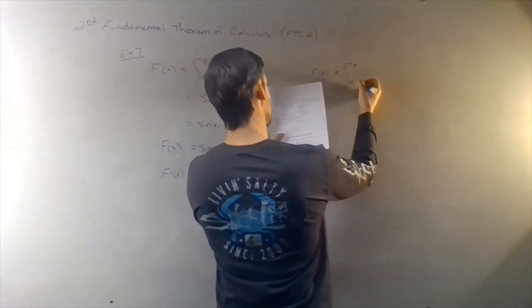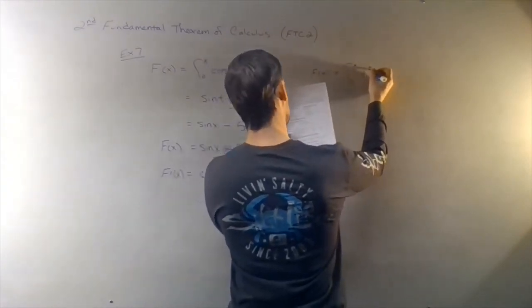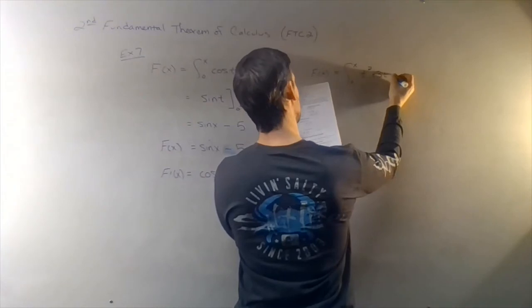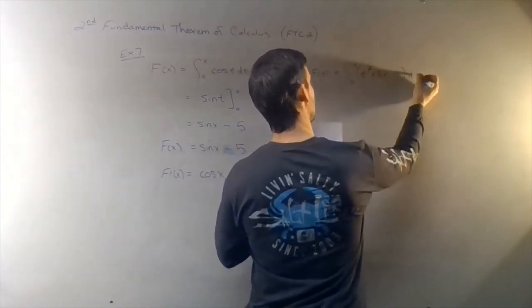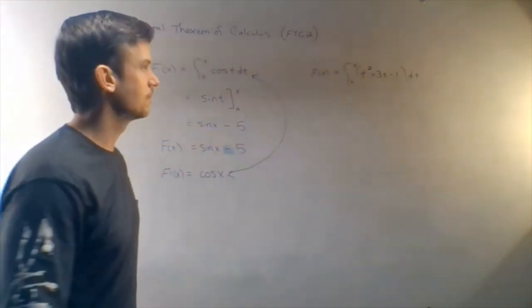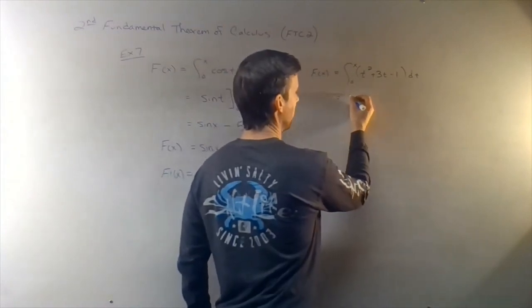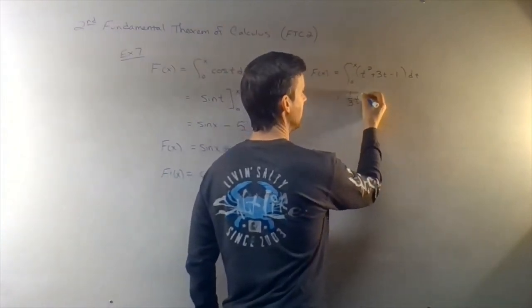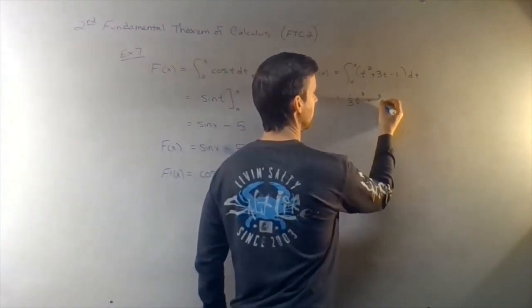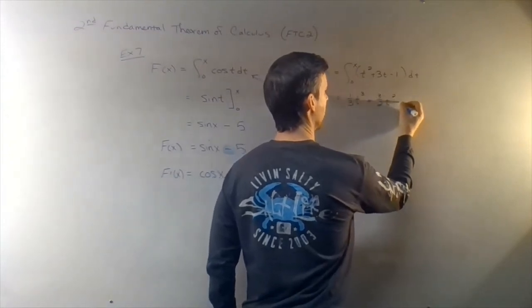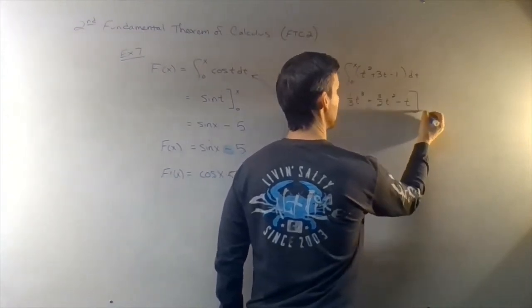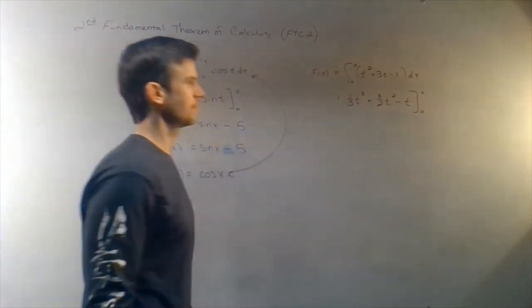It says that our function is the antiderivative of t squared plus 3t minus 1 from 0 to x. So we do our antiderivative, 1/3 t to the third plus 3/2 t squared minus t, evaluated from 0 to x.